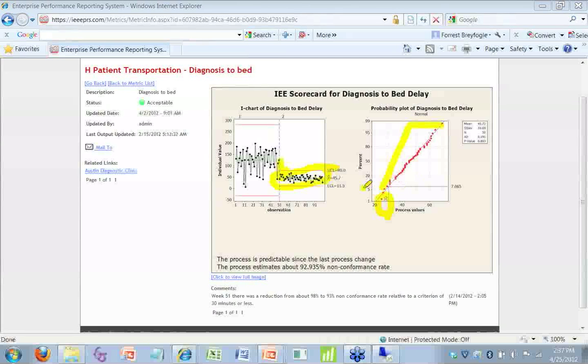So it looks like just about 6 to 7% of the time we're meeting it. So the way we really word our statement here, the process estimate is about 93% nonconformance. Okay, so that's not good. But again, we haven't yet determined if we're going to be working that or not.